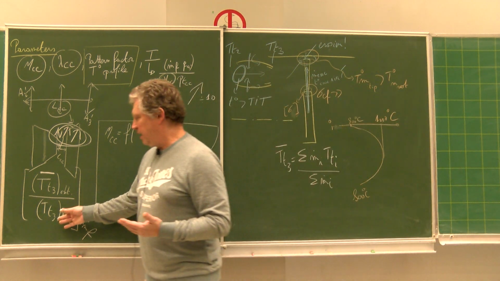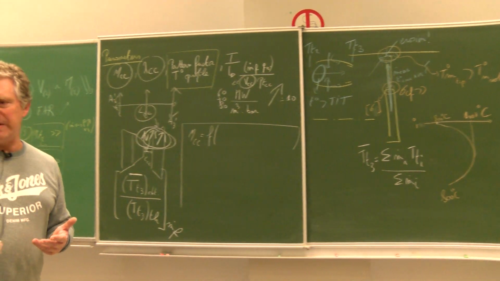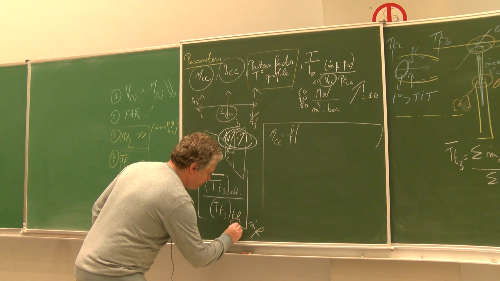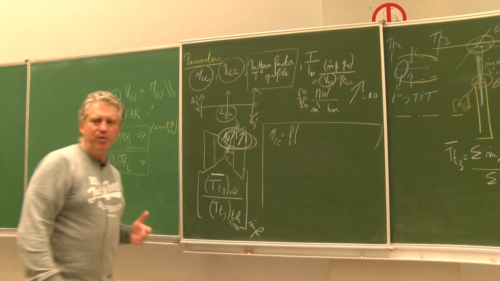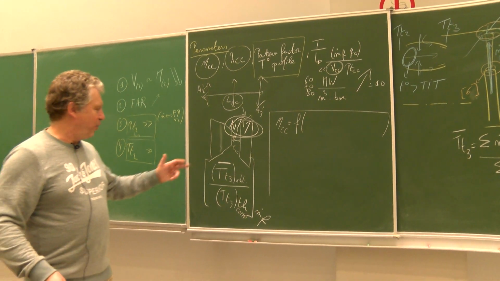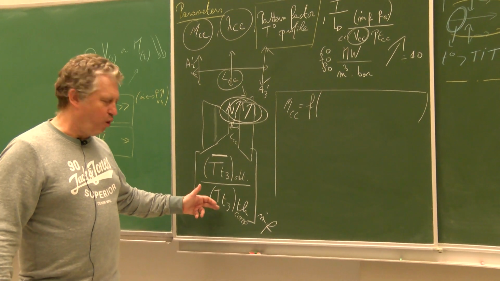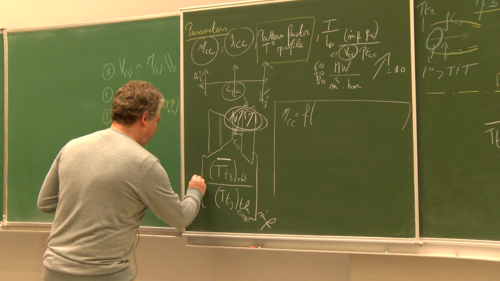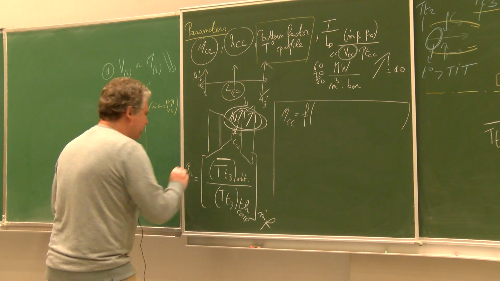And you can compare this with the value that you compute. So this is the computed value that you would obtain with, let's say, a complete combustion. And the ratio, this one will be lower than this one. The ratio can be a definition of eta Cc.